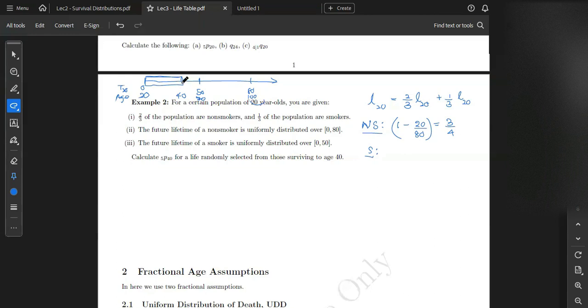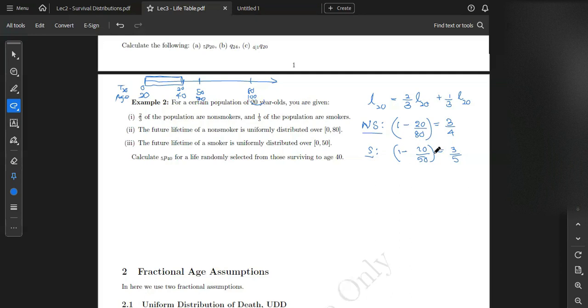And now again, the entire probability in this interval is 1, but they have consumed 20 years out of these 50. And this is the survival probability for that interval. It's 3/5. So these are the probabilities, but we can convert them into fractions or percentages as per our need.